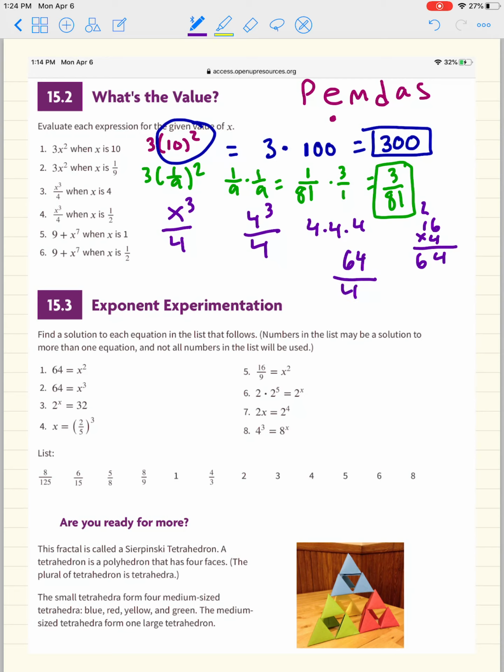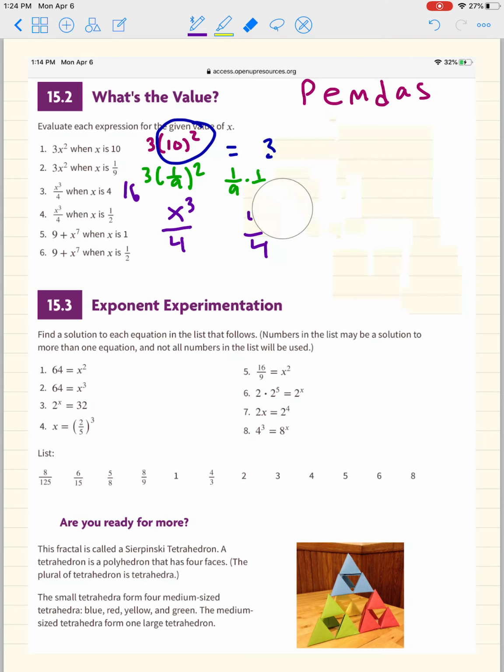So 64 over 4 is the exact same as 64 divided by 4, and we just did 16 times 4 and got 64. So from that, I can see that 64 divided by 4 is just going to equal 16. And so that's going to be my answer for this one. I'm going to go ahead and erase some of this work so that you guys can still see and you're not confused.